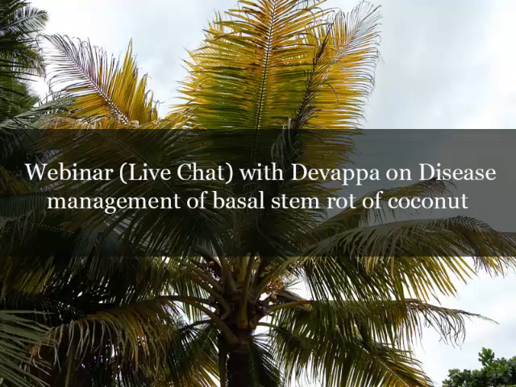One of them is the indicator plant, Bengal gram, Cicer arietinum. Many host plants have been tried, and Bengal gram exhibits the symptoms of Ganoderma sick soil. If the soil is sick, or if the Ganoderma population is there in the soil, it will definitely exhibit symptoms of wilting, and you can observe wilting of the Bengal gram seedlings.